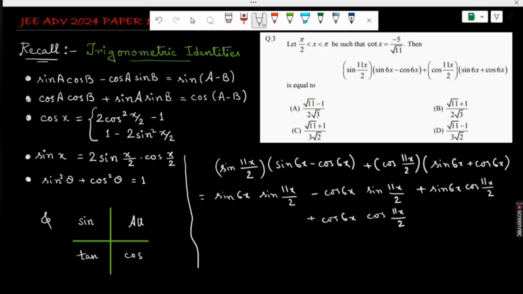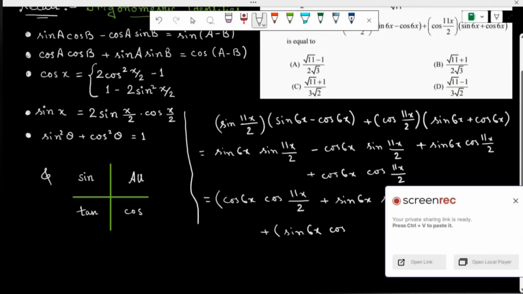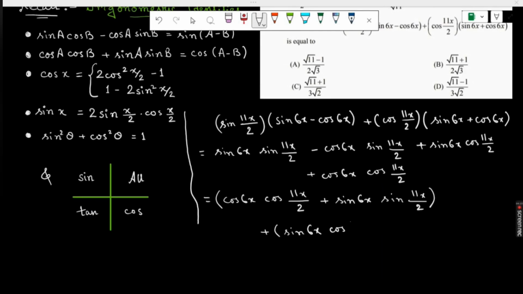So now it is cos 6x cos 11x by 2 plus sine 6x sine 11x by 2, first pair, and the second one sine 6x cos 11x by 2 minus cos 6x sine 11x by 2.